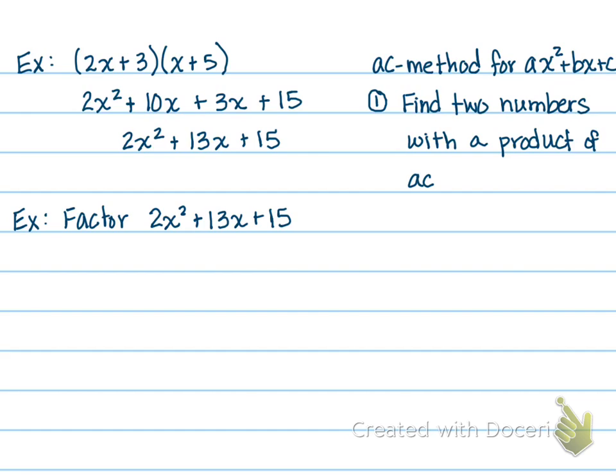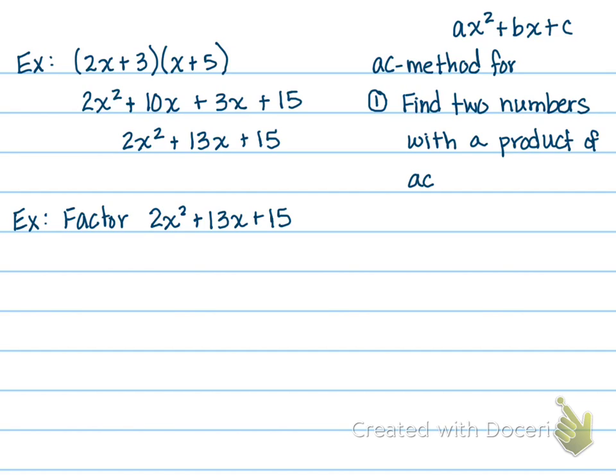So product is multiplication, so that means the two numbers multiply to get the same thing that you get when you multiply. I'm sorry, it's cutting off. I didn't realize it cut it off. It should be ax squared plus bx plus c. I'll stop going all the way to the edge. So a product of AC.